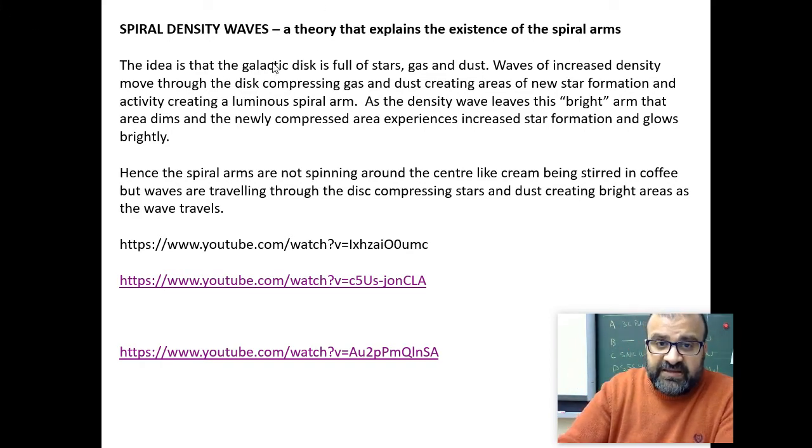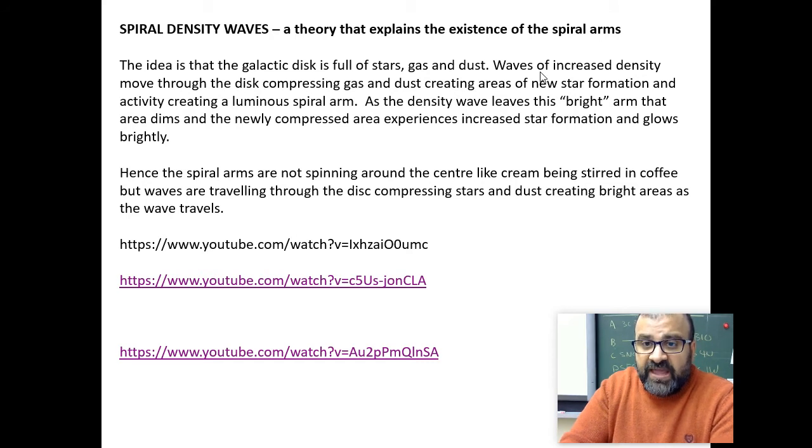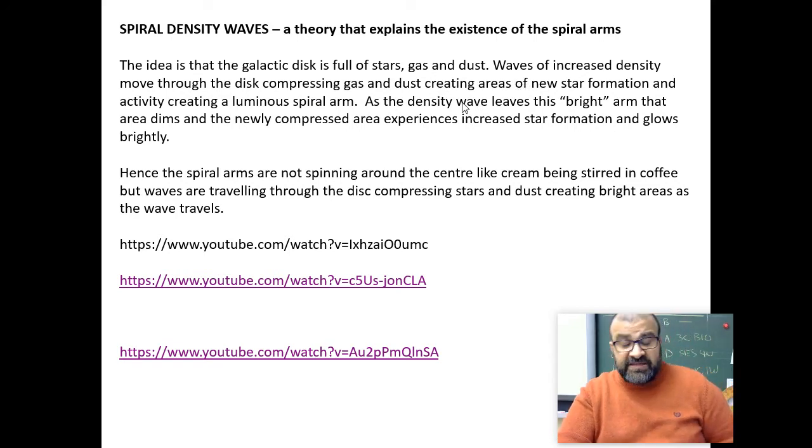The idea is that the galactic disk is full of stars, gas, and dust. We have waves of increased density that move through the disk, compressing gas and dust, creating areas of new star formation and activity, creating luminous spiral arms.